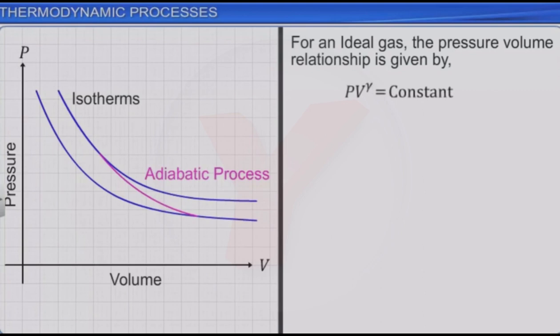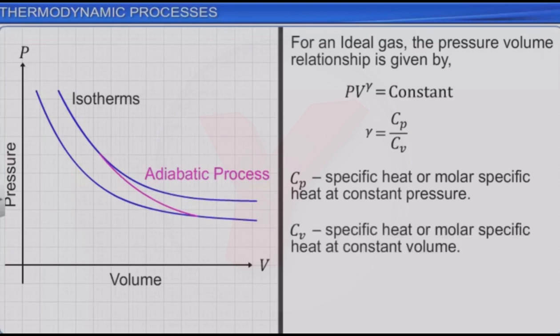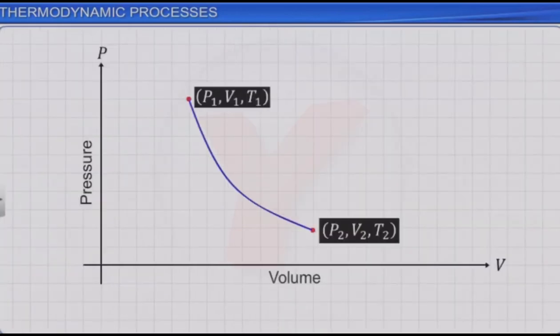Here, gamma is equal to Cp by Cv, where Cp is the specific heat or molar specific heat of the gas at a constant pressure, and Cv is the specific heat or molar specific heat of the gas at a constant volume. Let us find an expression for the work done by an ideal gas in an adiabatic process that takes it from an initial state P1, V1, T1 to a final state P2, V2, T2.